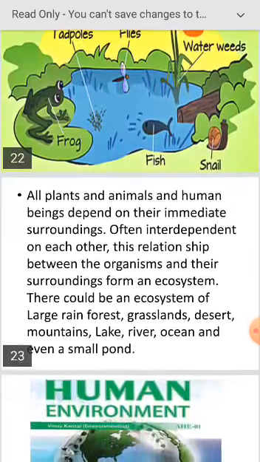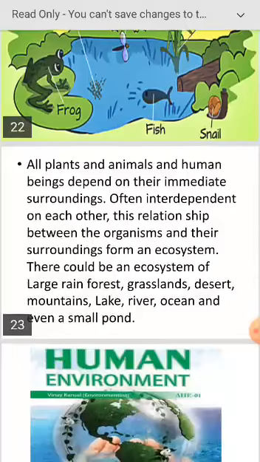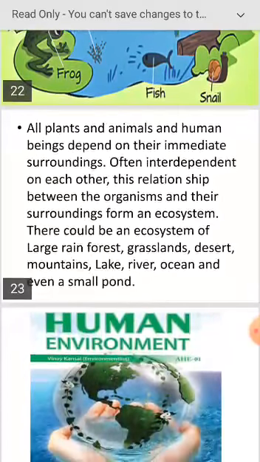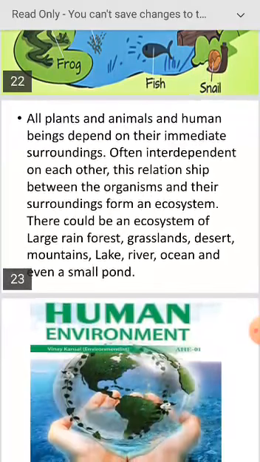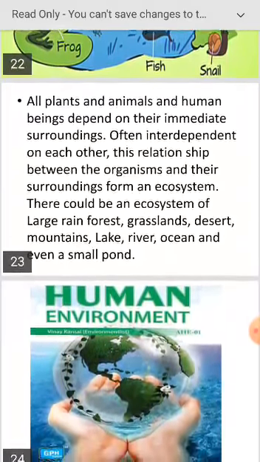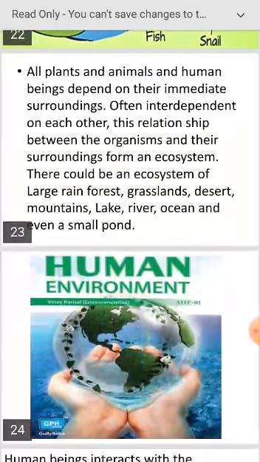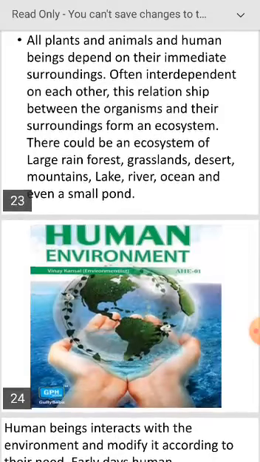All plants, animals and human beings depend on their immediate surroundings, and are often interdependent on each other. This relationship between the organisms and their surroundings forms an ecosystem.